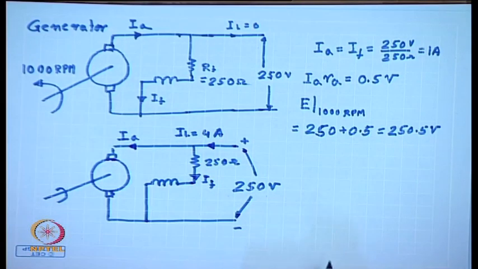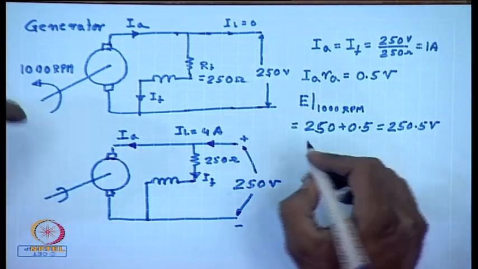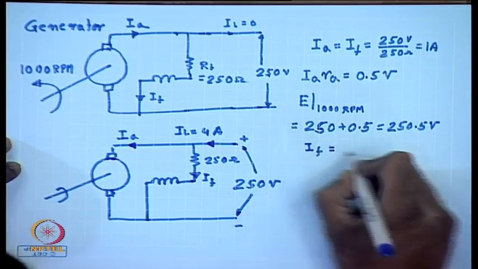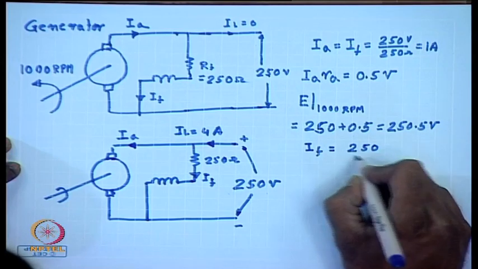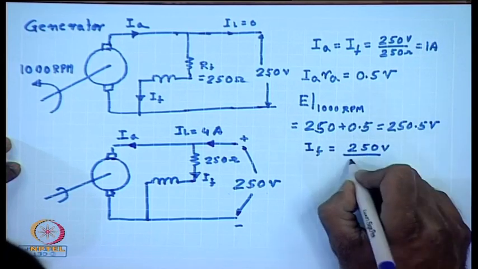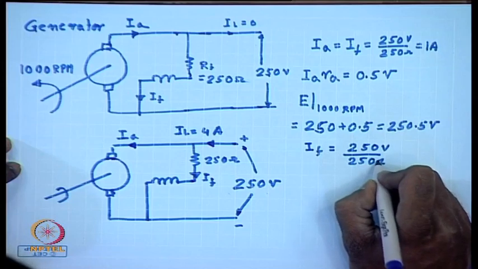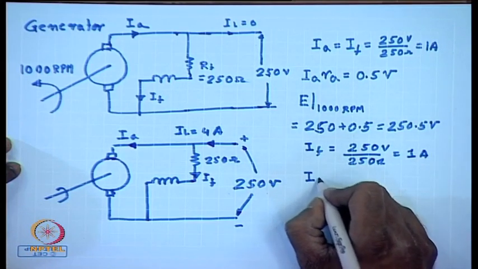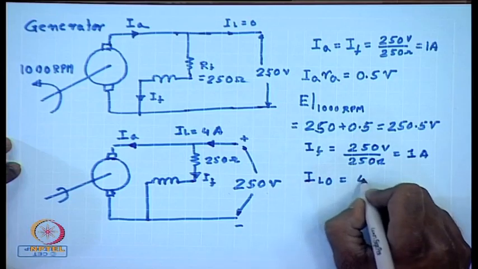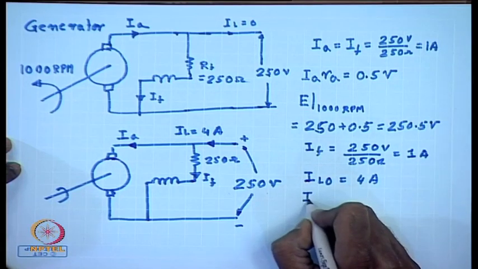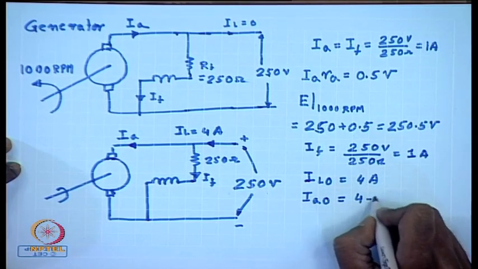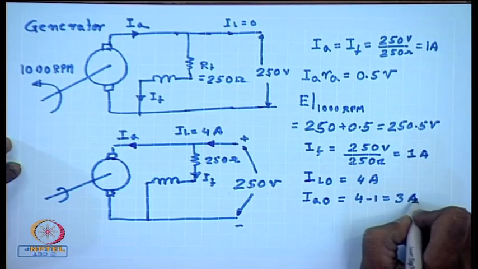So, let us try to find out what is the no load speed. So, If is again 250 volts by 250 ohm, that is 1 ampere. IL at no load equal to 4 ampere. So, Ia0 equal to 4 minus 1 equal to 3 amperes.